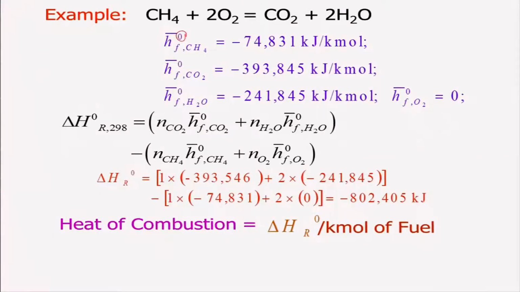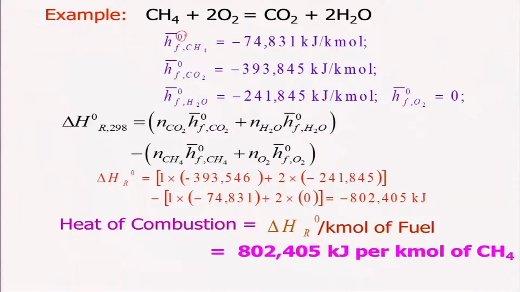So, the heat of combustion is nothing but the heat of reaction divided by the moles of fuel, and that happens in this case to be 802,405 kilojoule per kilomole of methane.